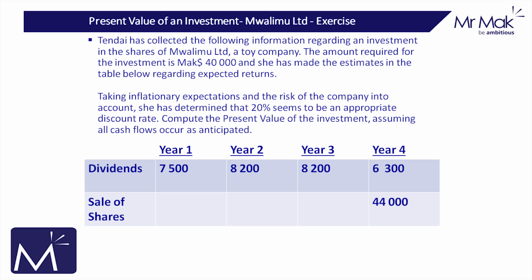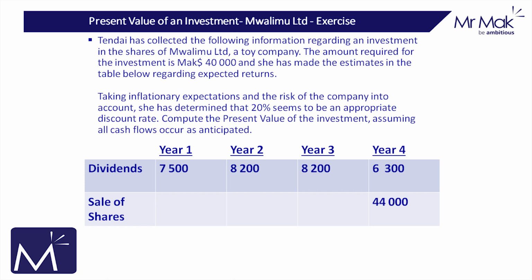Taking inflationary expectations and the risk of the company into account, she has determined that 20% seems to be an appropriate discount rate. Compute the present value of the investment, assuming all cash flows occur as anticipated.